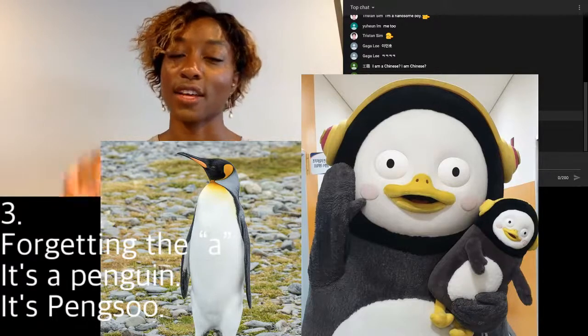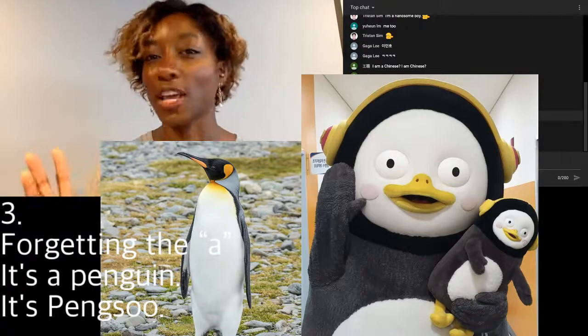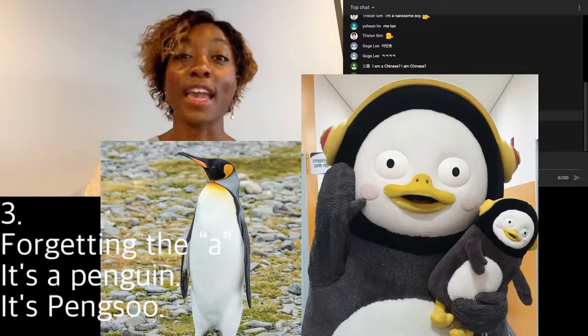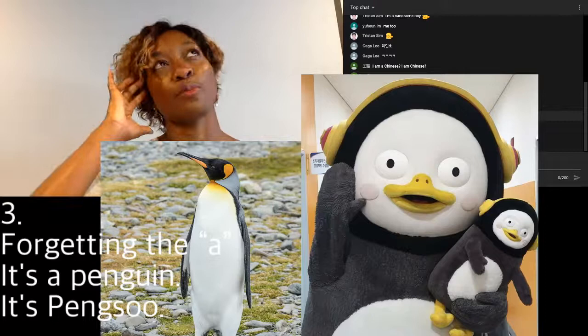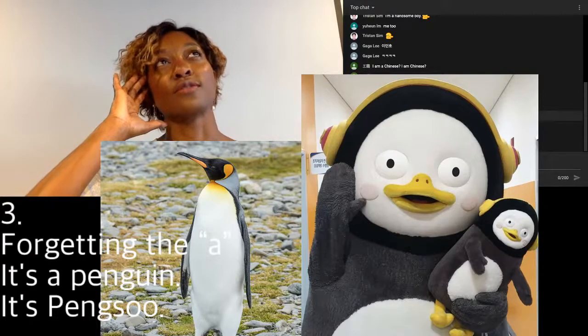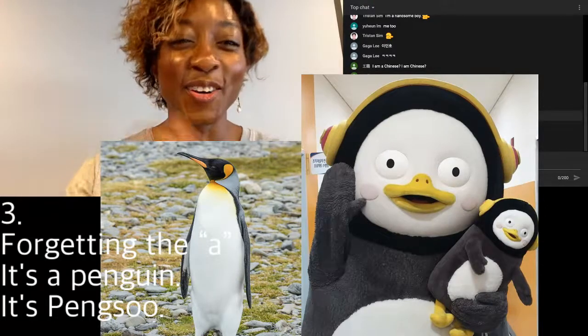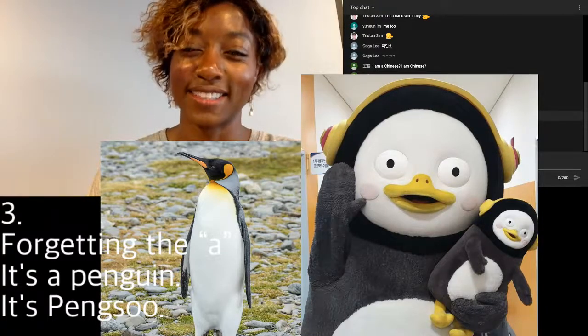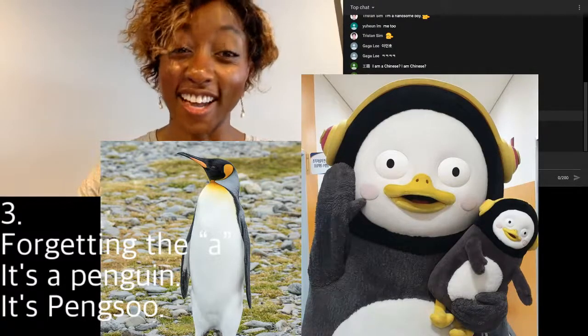So hopefully, whenever you can't remember if you need to use A or just remove the A, I hope you will think in your mind of pengsu. I hope that pengsu helps you to remember when to use the A or not.